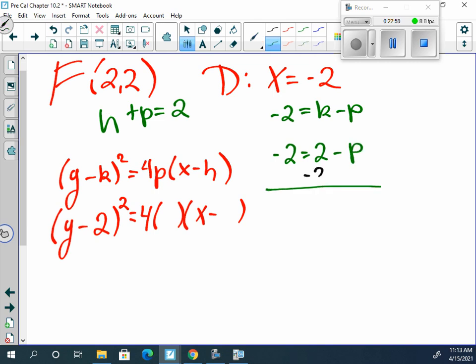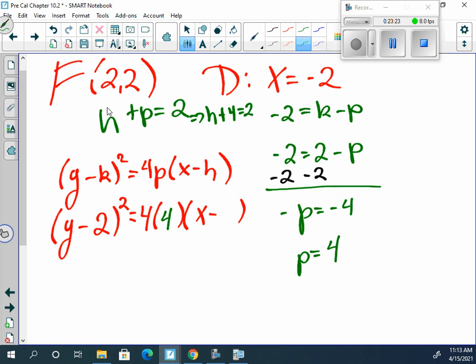And we can h is equal to 4. H plus 4 is equal to 2.